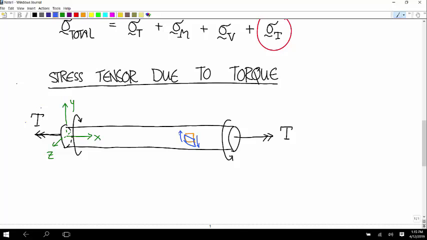Yep. In this case, you see that a positive internal torque is going to lead to a negative XY shear stress. Okay. So a positive internal torque leads to a negative tau XY.